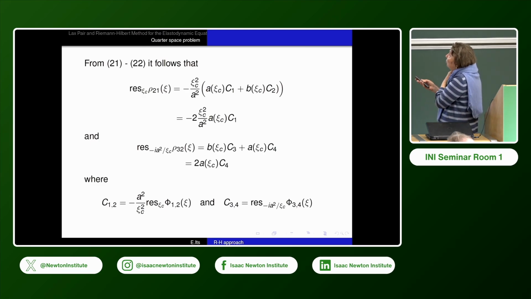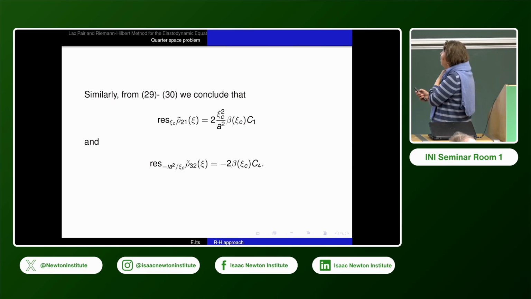Moreover, we could do certain simplifications, introducing the notation C for the residues of the phi1, phi2, phi3, and phi4 functions. We could express our residues in terms of those.